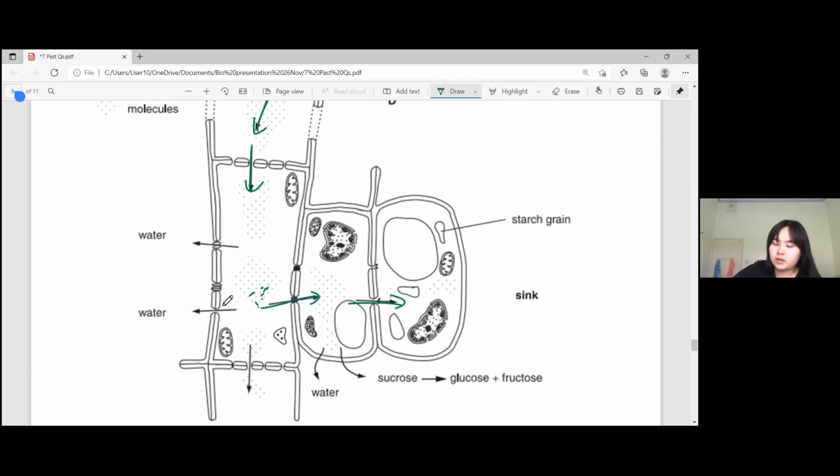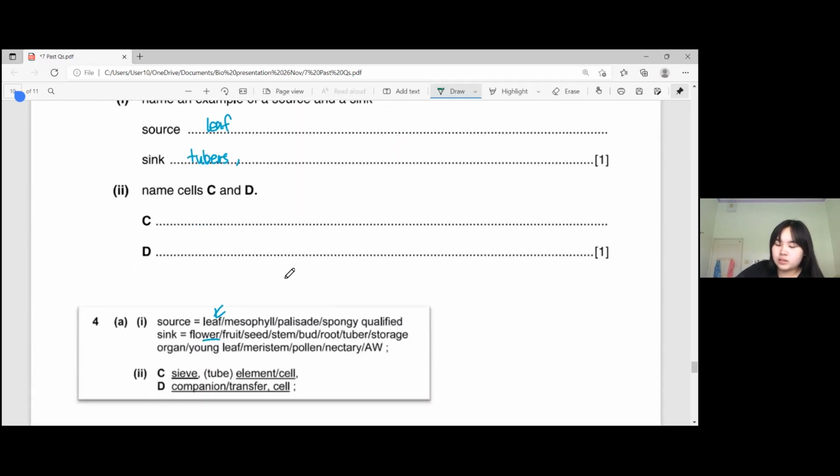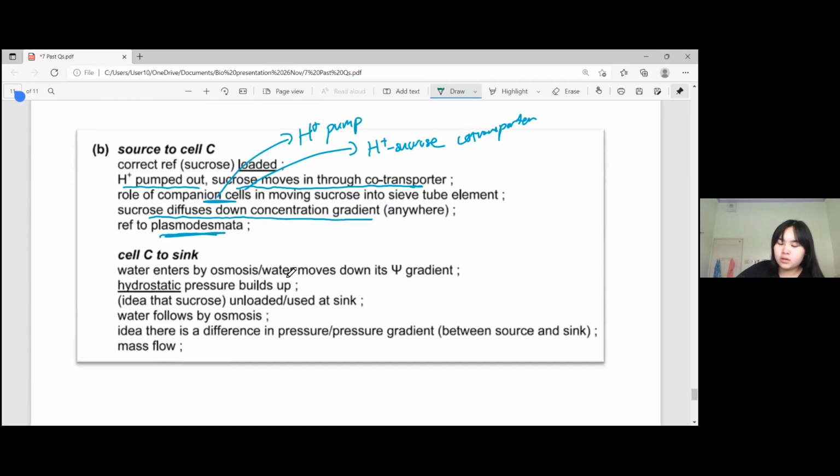So sucrose will be transported until it reaches the sink, and it will diffuse into the companion cells again, like this one. So we look at the mark scheme. The water potential decreases, so the water from the xylem vessel and neighboring cells will enter the sieve tube element by osmosis down the water potential gradient, and hence the hydrostatic pressure is built up, and the sucrose moves down the pressure gradient until it reaches the sink, where it will be unloaded.